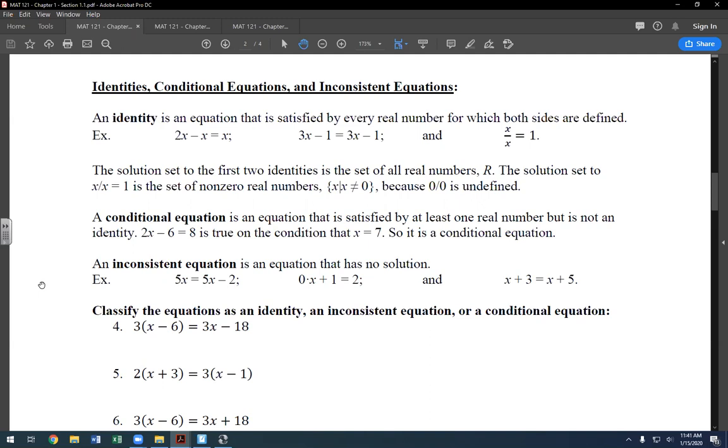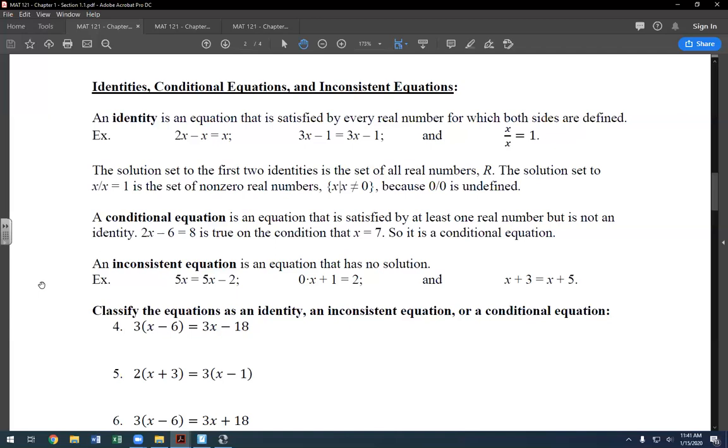So the examples that we did in 1, 2, and 3 are your conditional equations, because, like you guys said, you got 7 as the answer, but that didn't work, right? So that's the idea, that you just cannot throw any number in there and expect it to work. Conditional means you should have at least one answer. You can have more than one depending on the type of equation.